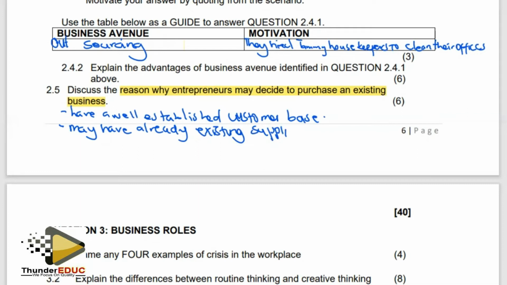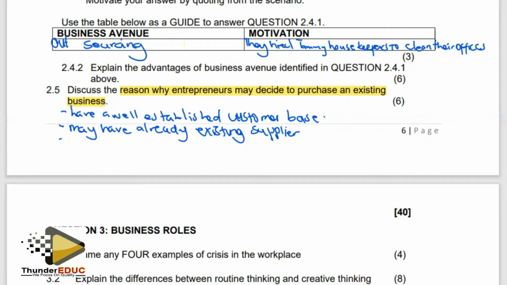To get new suppliers may be very complicated. Starting from scratch and looking for new suppliers is not easy. Just buy an already existing business which has its existing suppliers.